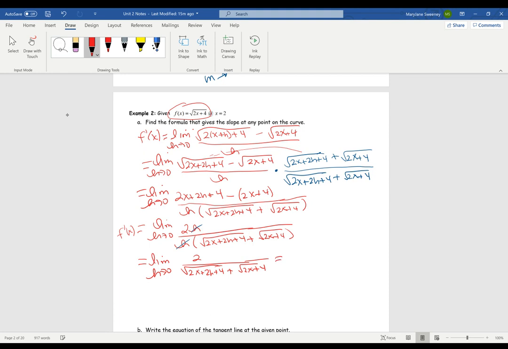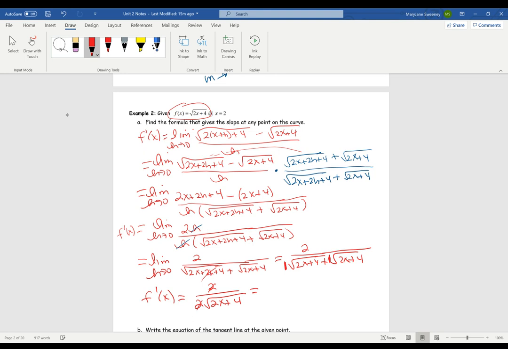If I do the limit as h approaches 0, okay, that's going to wipe out this, right? If I plugged in h is 0, I would have something that looks like this. So f prime of x equals 2 over, this is 1 radical 2x plus 4 plus 1 radical 2x plus 4, which can be written as 2 radical 2x plus 4.